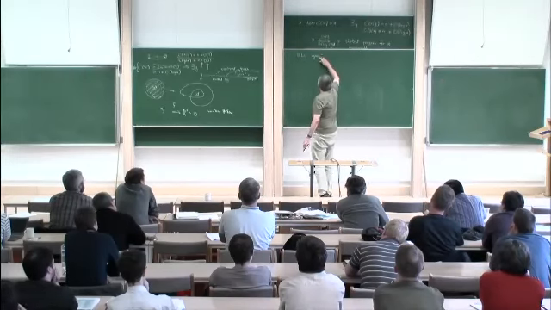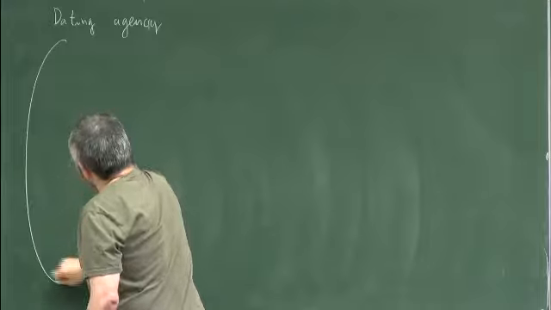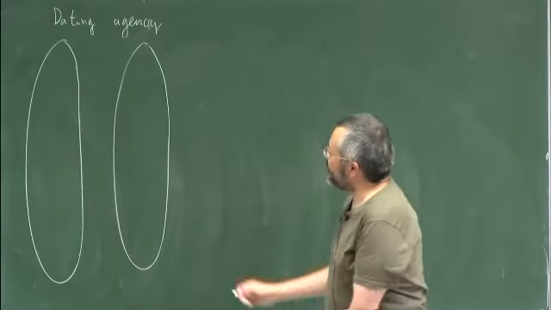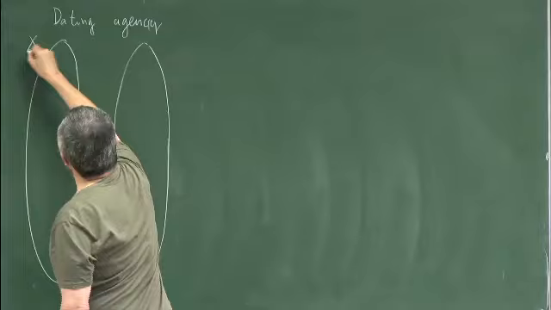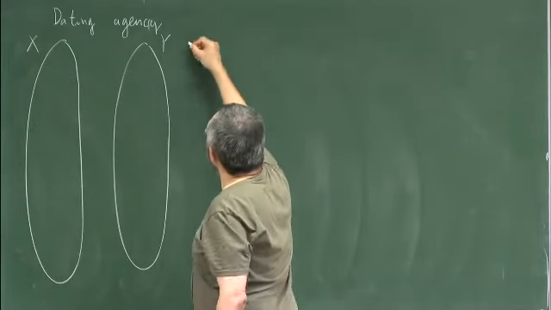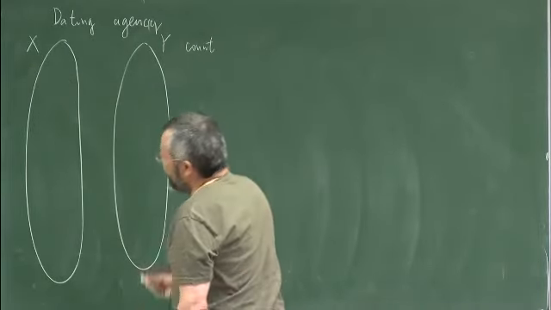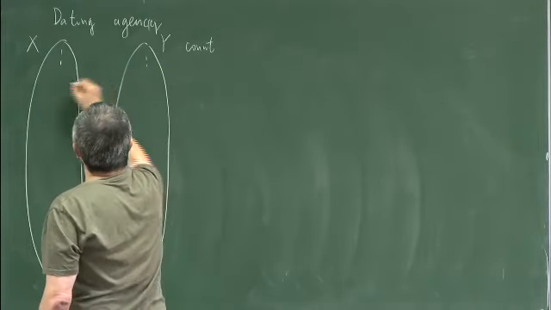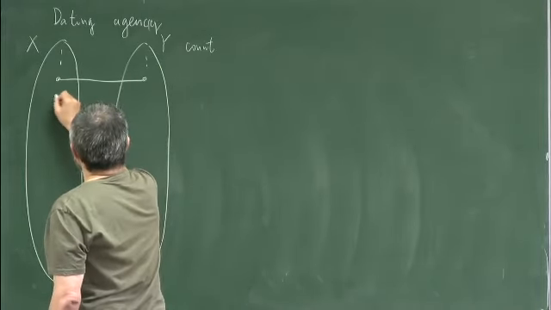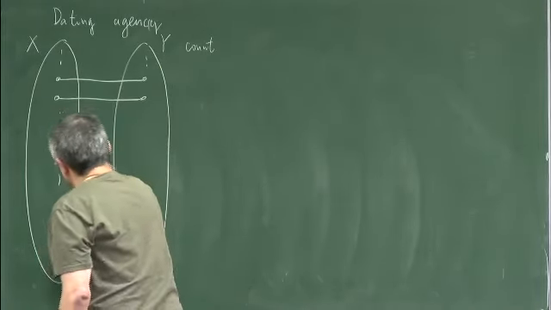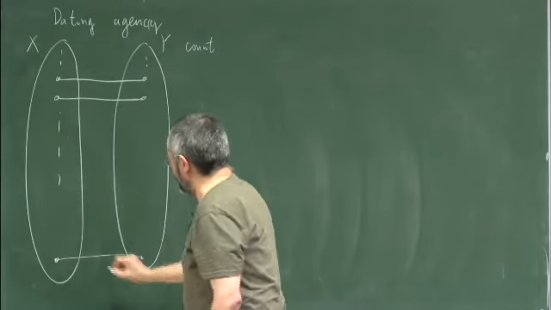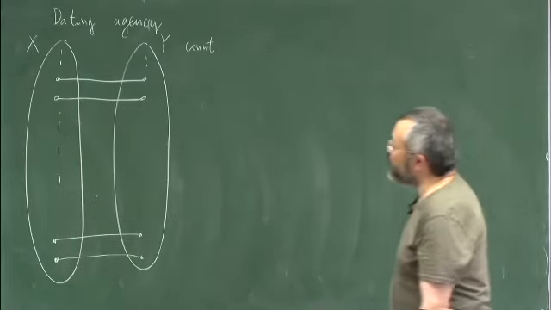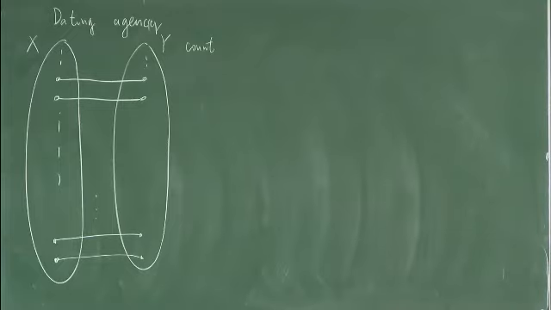So the dating agency starts as usual with some matching. We assume that there are two countable sets, X and Y. They are just sets of binary strings, for example. And we start with some initial matching. For example, we can start with the identity matching. For a while, everybody is happy.